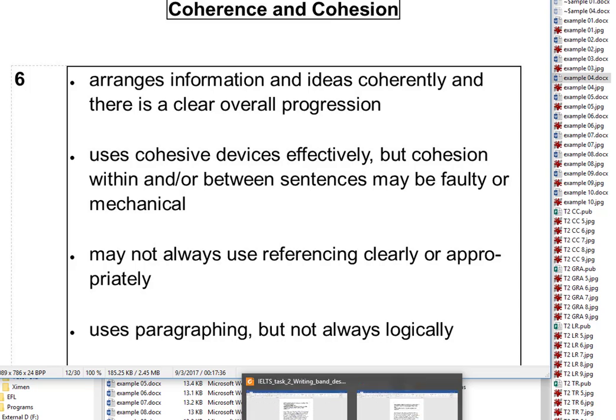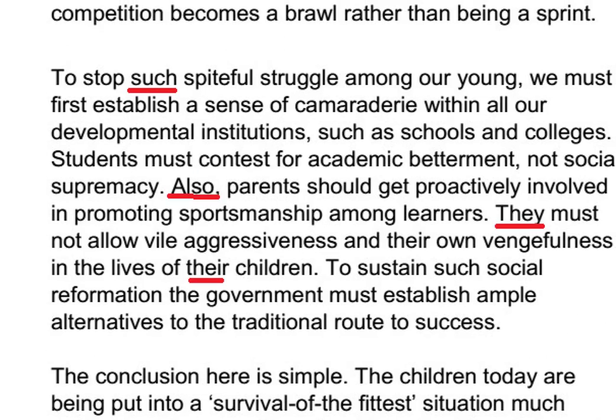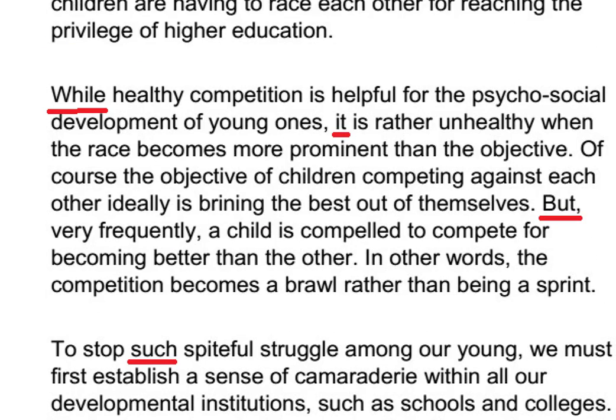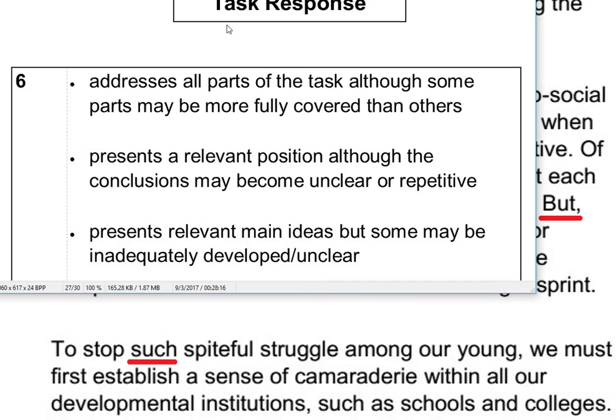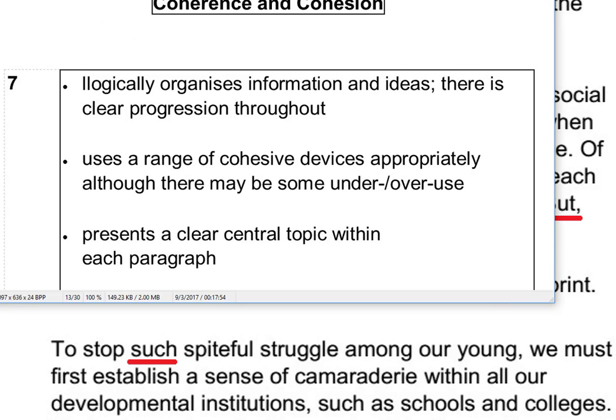Well, that's not true, because if we look at this, referencing is used quite effectively. All of these, not that one, but these. So 6 is probably too low. Let's go to 7.